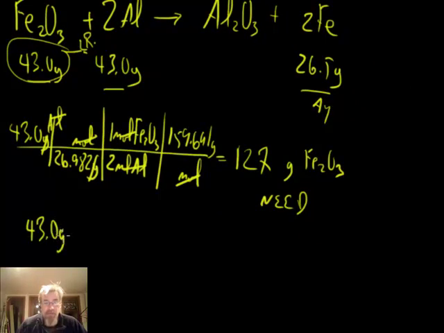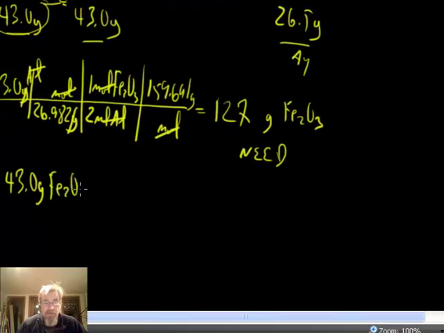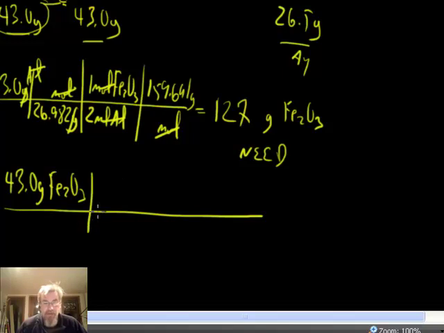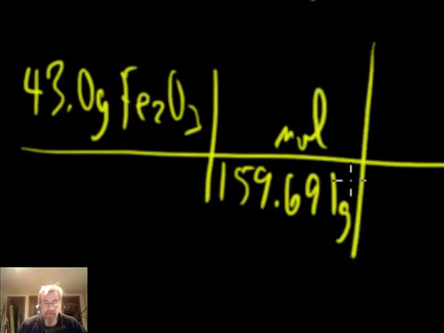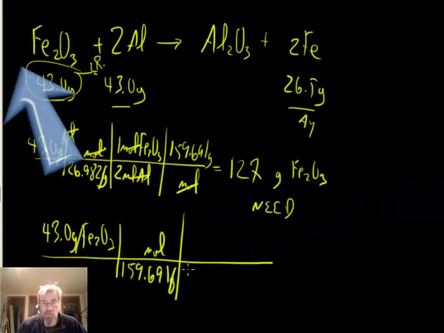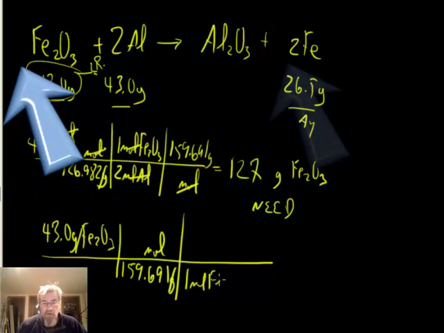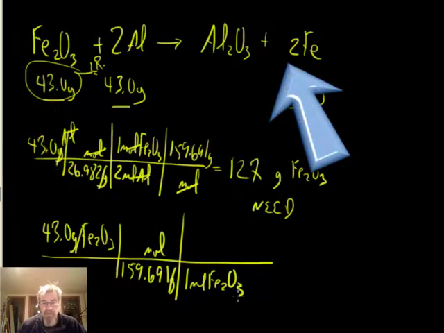So starting from 43.0 grams of Fe2O3, I'm going to convert first to moles so I can do stoichiometry. That's 159.691 grams per mole, so that gives me moles from grams of Fe2O3. Now, my mole ratio is 1 mole of iron(III) oxide for every 2 moles of iron.